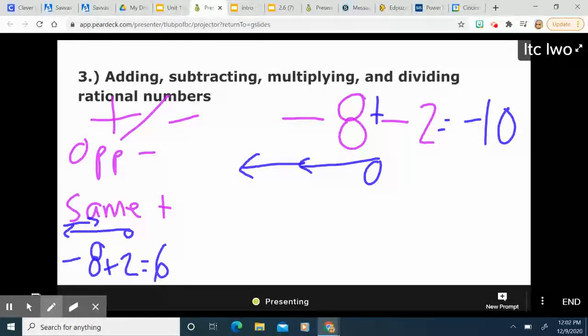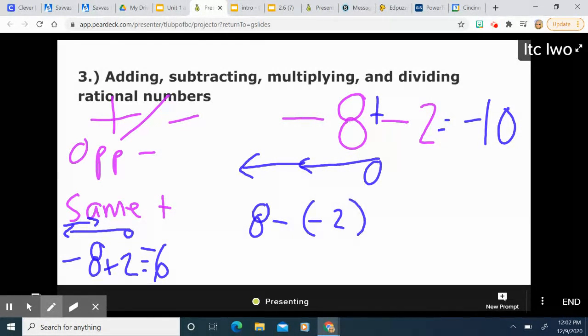So I get 6, and it's going to be -6 because I had more negatives than I had positives. And then last thing about adding and subtracting, let's say it's 8 minus -2. Well, this is the opposite of an opposite, which is +2. So this would just become 8 plus 2, which is +10.